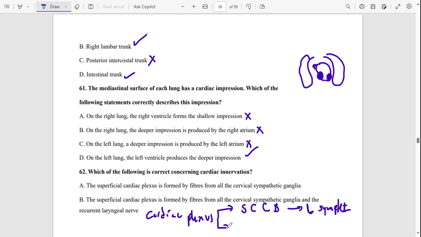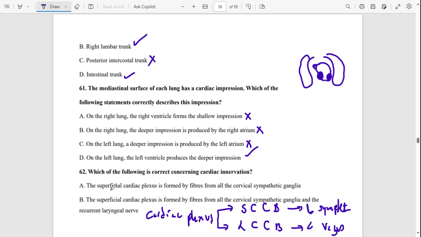Apart from that, it is also made up of the lower or inferior cervical cardiac branch. But the lower cervical cardiac branch does not come from the left sympathetic, it comes from the left vagus. So this is what makes up the heart innervation. So this is what we want to find out. Which one is going to be the answer here?